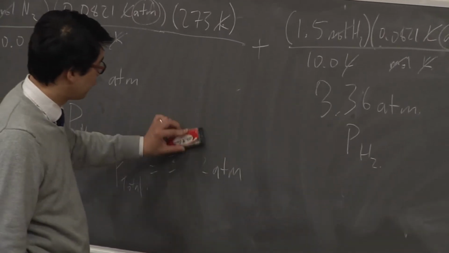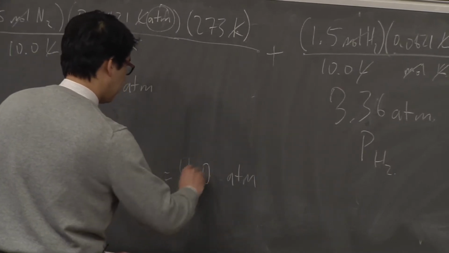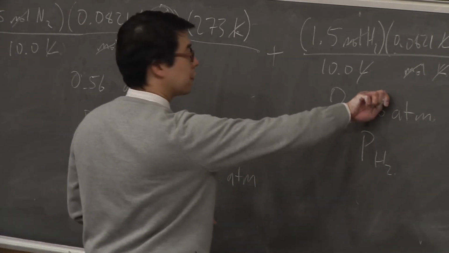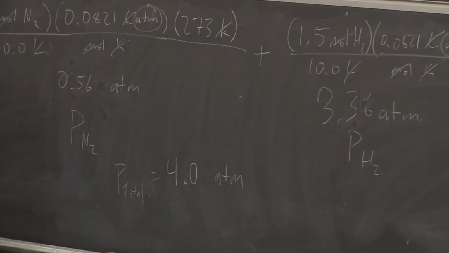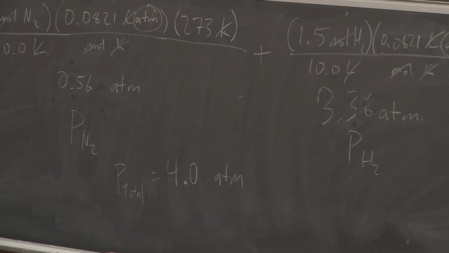So 3.9 or 4.0, either one is okay, depending on where you did your rounding. When you add with 2 significant figures here, you end at 1 decimal place. So 4 is okay, 3.9 is okay.